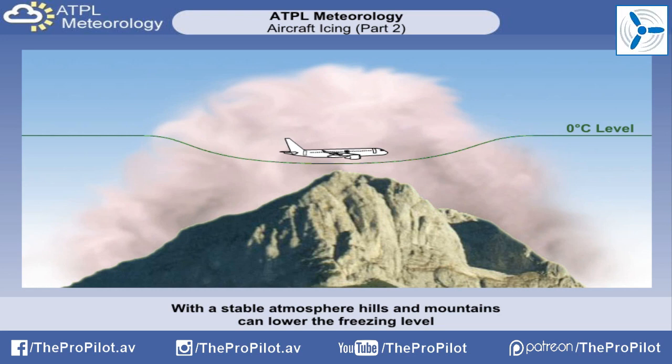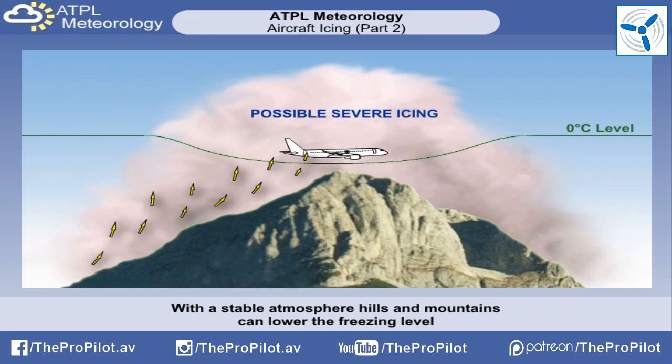However, as an aircraft gets closer to a hill, the temperature falls, and now the aircraft is located in the most dangerous place, the area where large supercooled droplets can be found. Given additional orographic support, the icing risk could be severe.